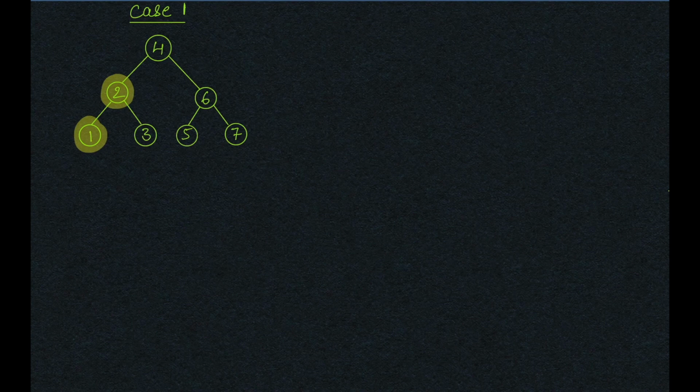Let's look at case 1. In this given binary search tree, the value of P and Q is 2 and 1. So if we look at the 2 and 1 in this binary search tree, they are occurring in the left subtree of this binary search tree. So what are we going to do in this case? We are going to recurse left.